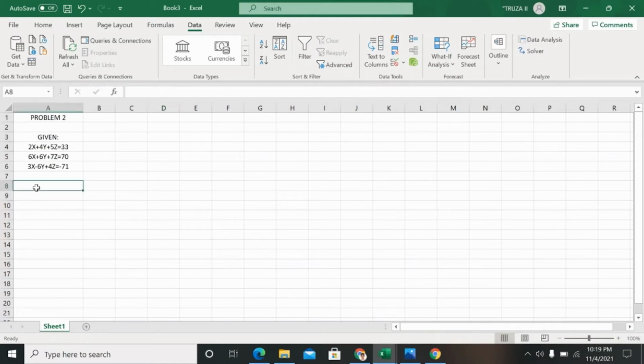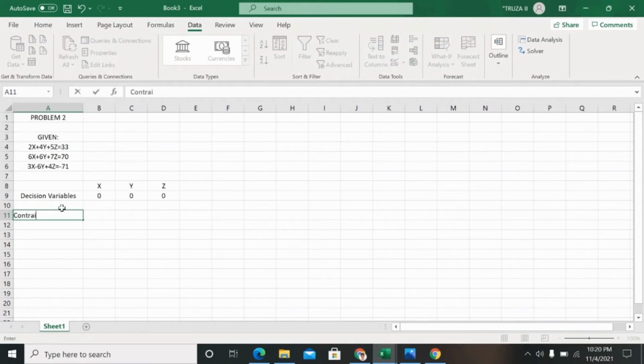To solve this, we write the decision variables, which are x, y, z, and we let the initial values of x, y, and z be 0. Our constraints are three, equation 1, equation 2, and equation 3.